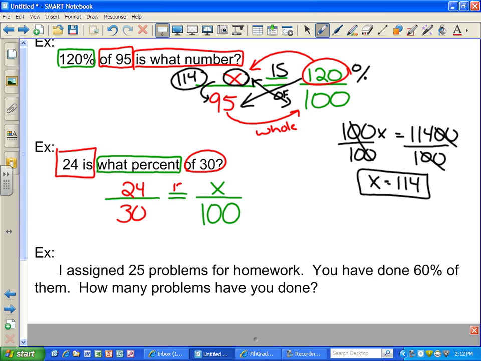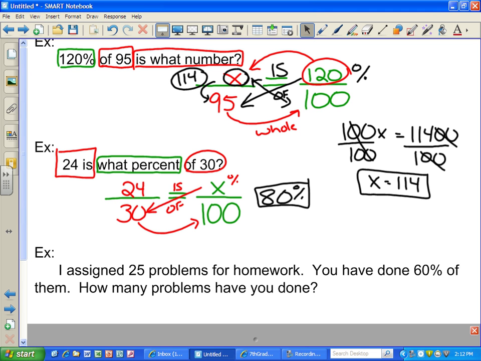So 24 is what percent of 30? So again, 30 is representing the 100%. So since 24 is less than 30, then your percentage should be less than 100%. So you can go ahead and solve it by doing cross products, and you would get an answer of 80%, which makes sense.